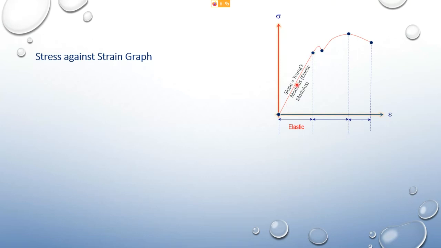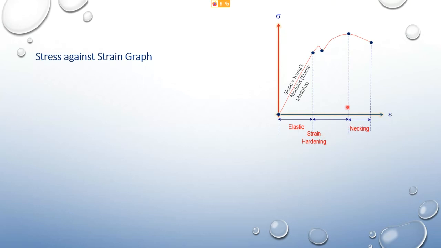Hooke's law says that strain is directly proportional to the stress. That gives you the slope of this line. Within these 2 points, we say that the material is elastic. At this point here, the object will go under strain hardening.